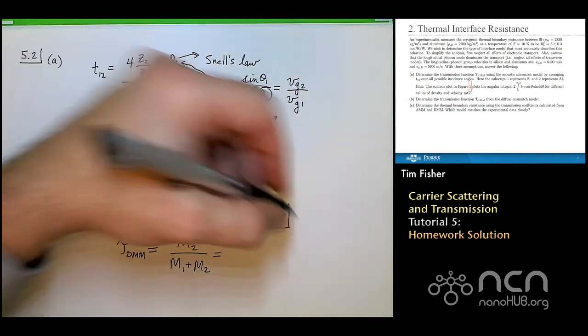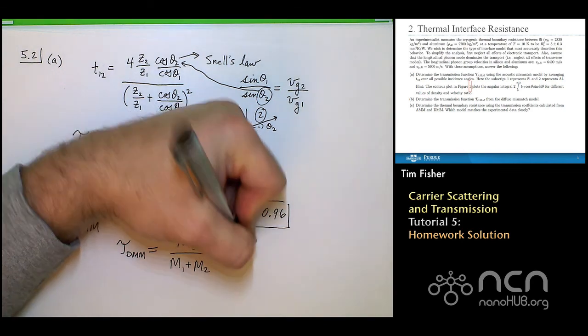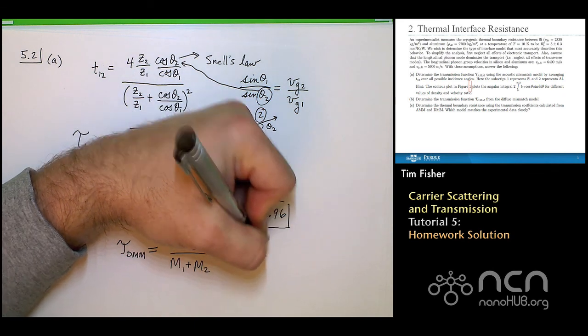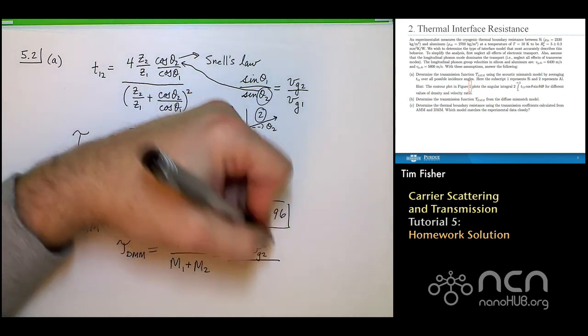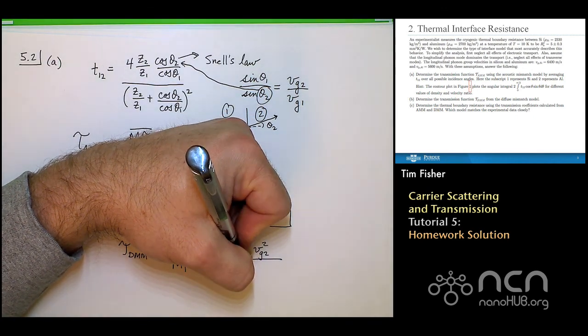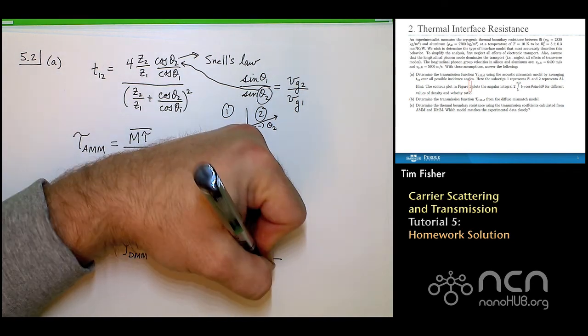But since we only have one branch here, the number of modes in the Debye approximation is simply proportional to 1 divided by the group velocities in the respective media, squared. And so I can plug in these numbers.